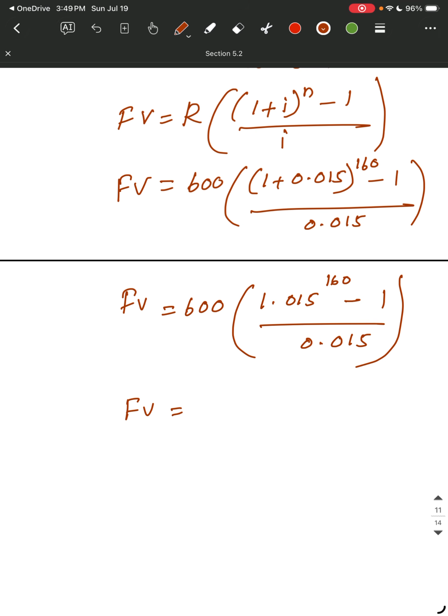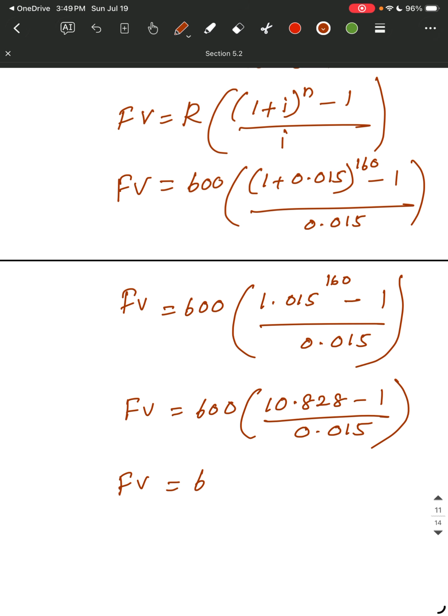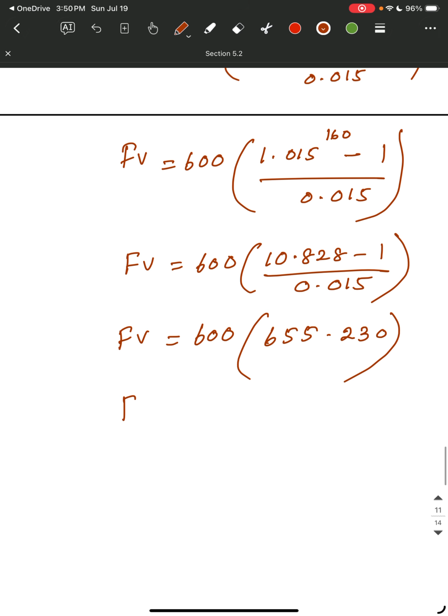The future value is $393,138 and 46 cents.